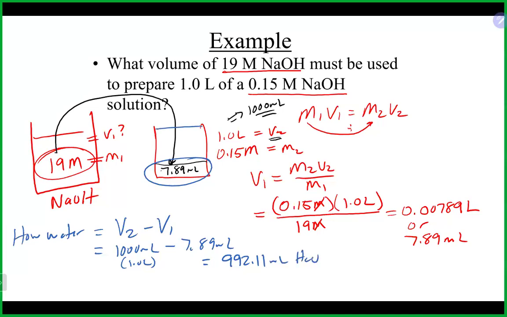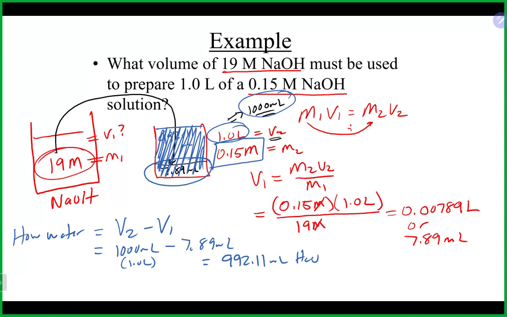So I would put in here 992.11 milliliters of water. And if I give it a good mixing, I will now have a solution that's 1,000 milliliters or 1 liter in volume, and it should be a concentration of 0.15 molar.